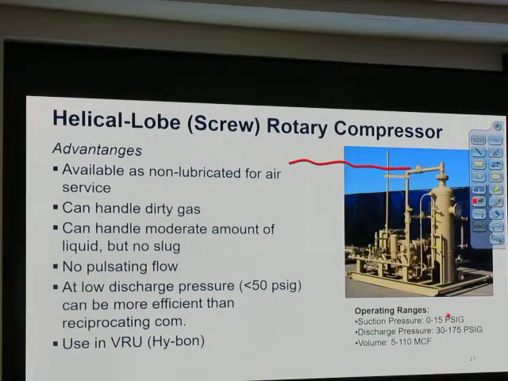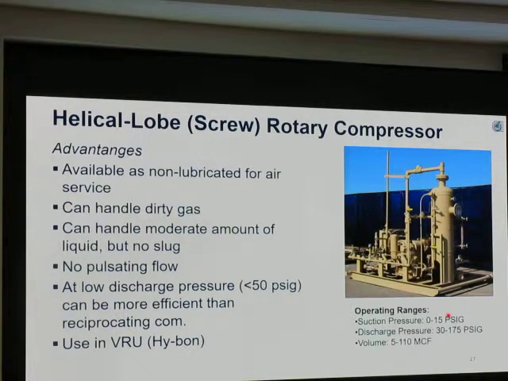And this I show you. This one is in High Bond. Okay, in Midland we have a screw compressor. Helical-Lobe. And it can handle dirty gas, blah blah blah. Read that. Most of them don't have pulsating flow, okay, except the reciprocating compressor.